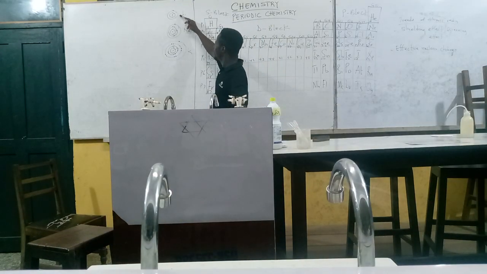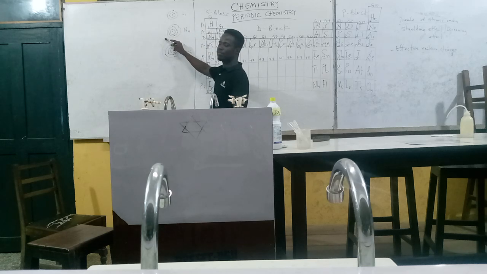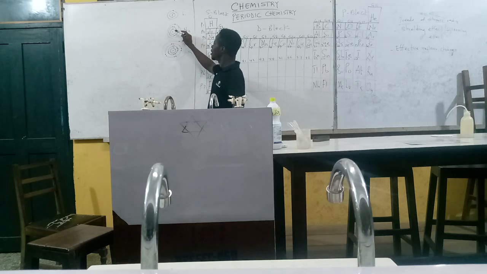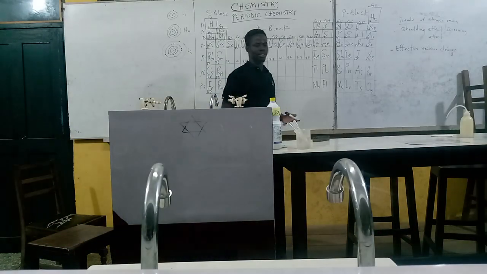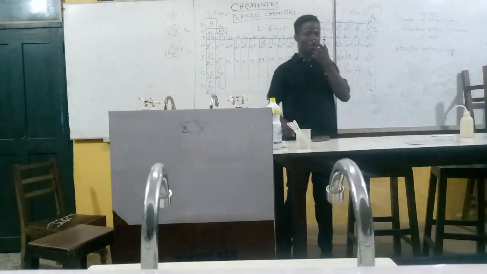You realize that from lithium to sodium, we added another shell. So while you're moving down, we are adding extra shells. So 3 shells in this period, 2 shells here. While you move down, the number of shells increases, therefore increasing the size of an atom.